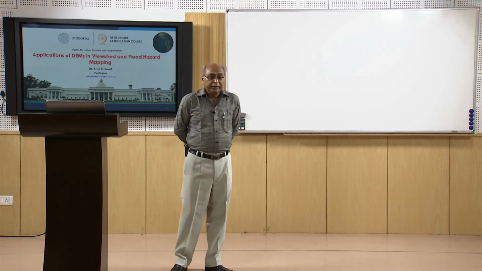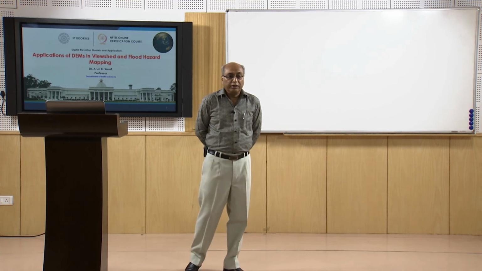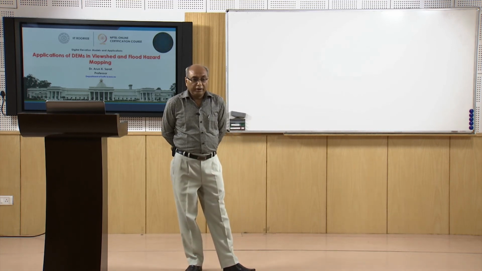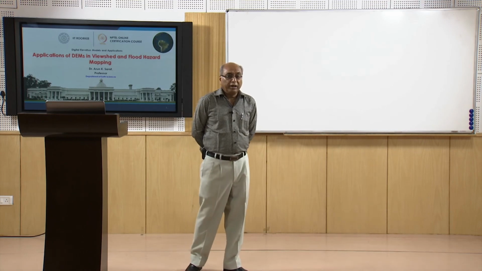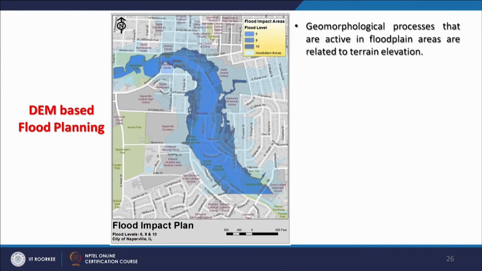Now in the last, very briefly, I will touch on how a digital elevation model can be used for flood hazard monitoring, planning and other things. As you know, a digital elevation model represents the undulations of a terrain. So along a flood plain of a river, that can also be utilized. It can be simulated that if the water level in a river goes to this level, then how much area would be inundated.